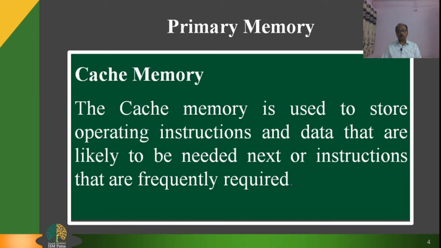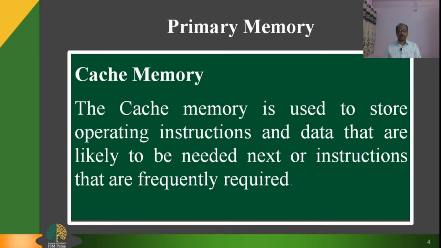So, although the primary memory constitutes RAM or ROM, cache memory is also part of the primary memory, and the availability of cache memory increases the speed of primary memory.